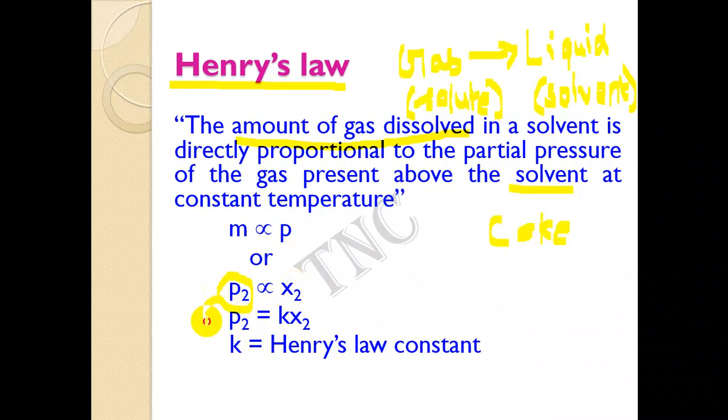You can now frame the simple equation P2 = K × X2, where K is Henry's constant. By using this relation, one can easily fix the amount of gas to be dissolved in a particular solution. That can be decided by using the pressure.